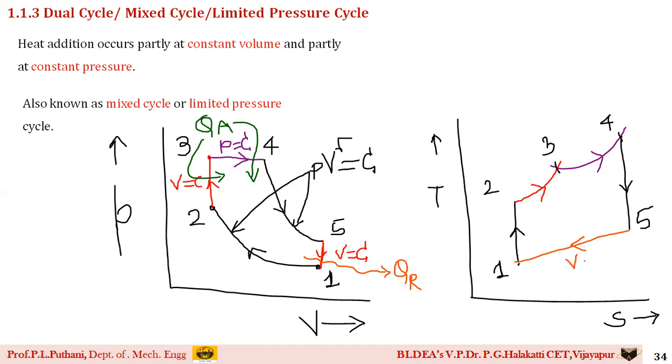So this is V is equal to C. Similarly, here also this is V is equal to C. This is constant pressure, P is equal to C. Then entropy remains constant, an isentropic process, for both 1 to 2 and 4 to 5. So in this fashion, the PV and TS graphs are drawn.